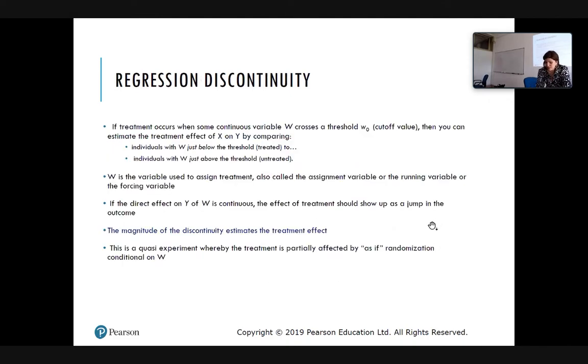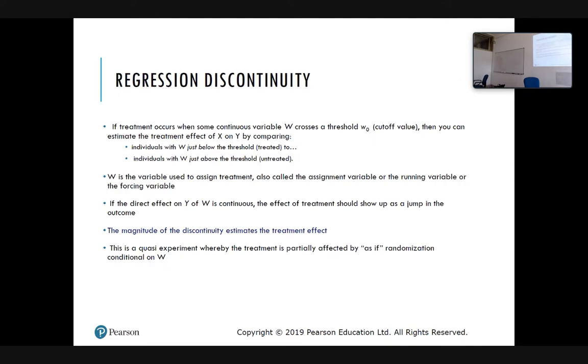Whenever this is the case, so the treatment is assigned depending on another variable based on a condition which is above or below a certain W0 threshold, then we can use regression discontinuity.